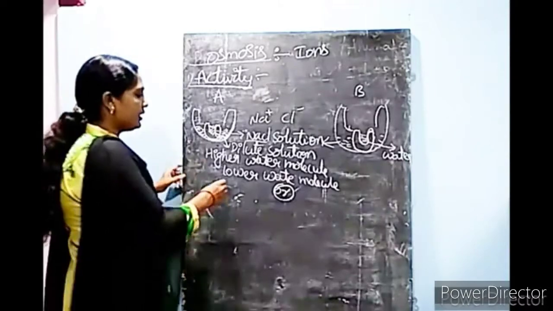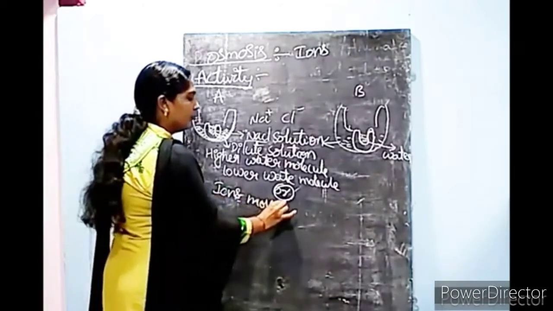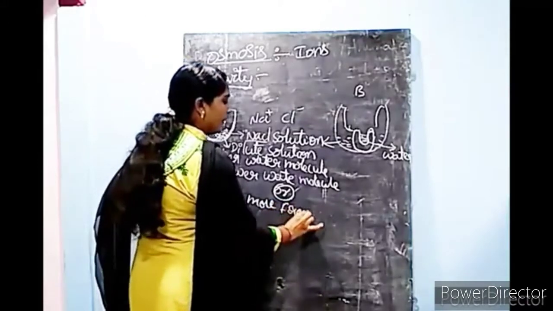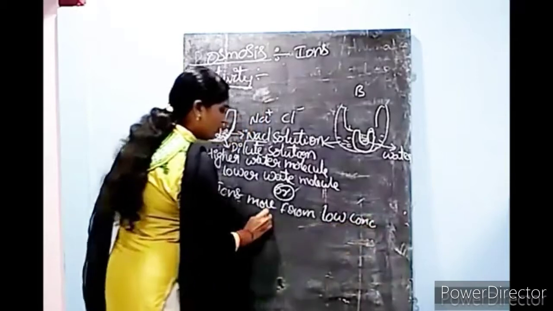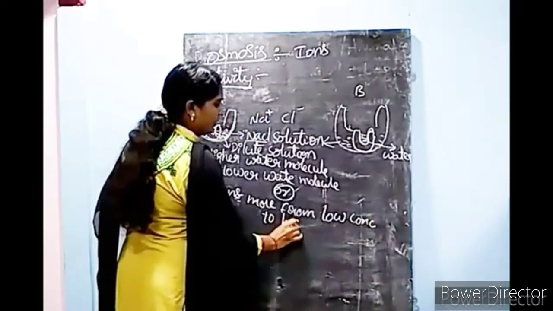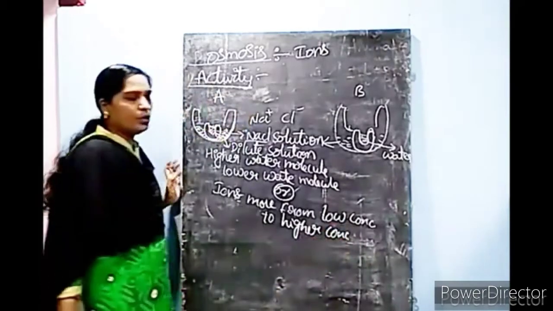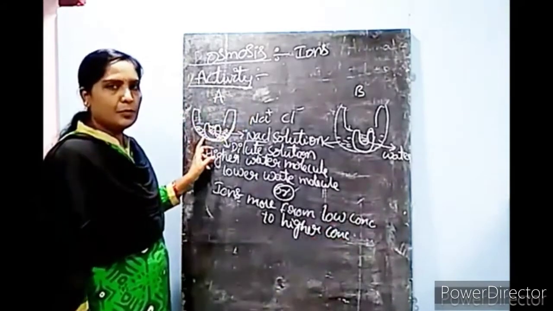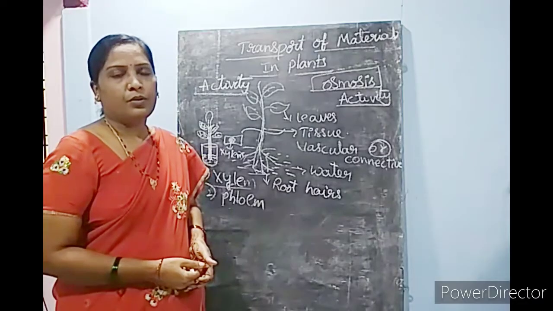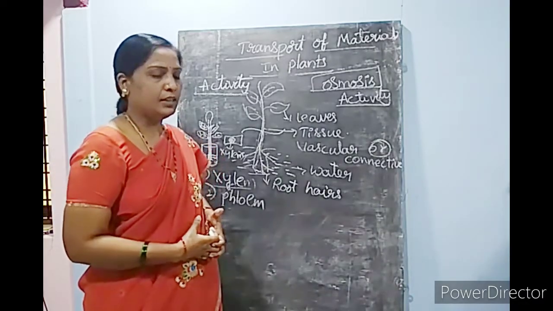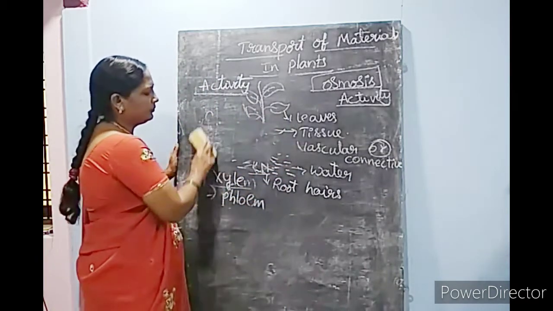Ions move from low concentration to higher concentration. This type of solution. So in this way, the osmosis takes place in plants.